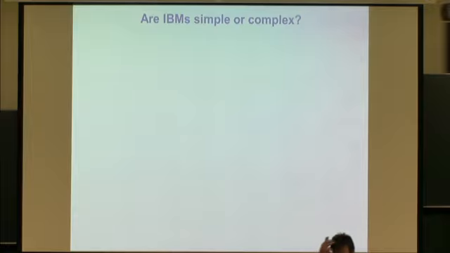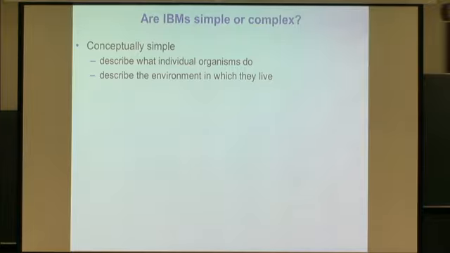Okay, one thing that often comes up when you get individual-based models reviewed is that the reviewers complain about them as being too complex, and sometimes that might be a correct complaint. It's actually not so simple to say that individual-based models are more complex. In some sense, they are actually quite simple.